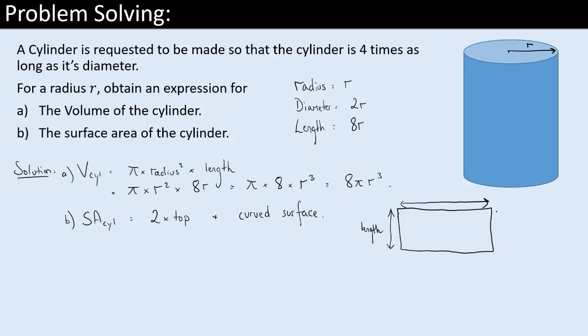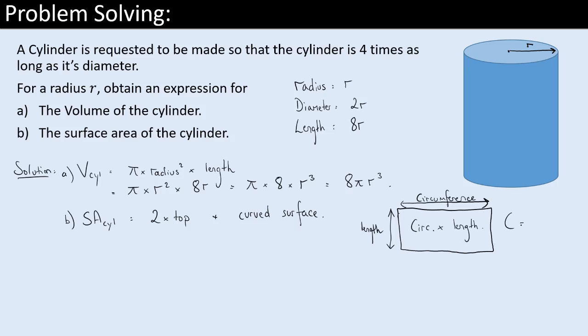And this bit, the bit that forms the circular part at the top, that is our circumference. So this thing, the curved surface area, is going to be circumference times by length.